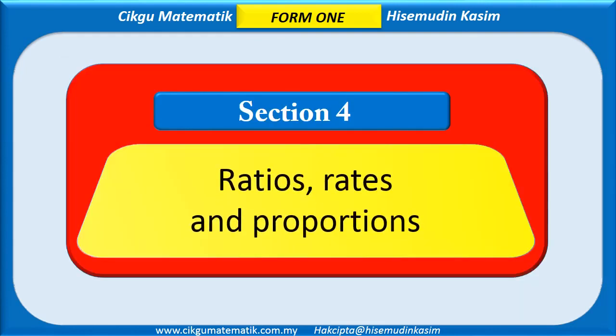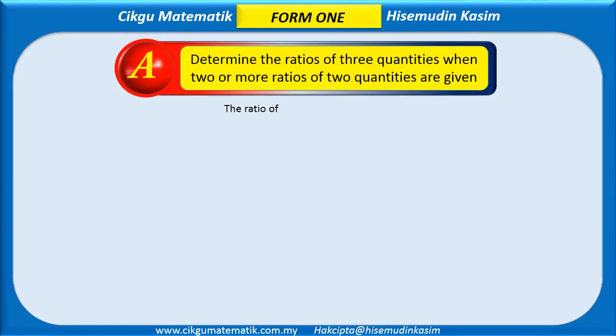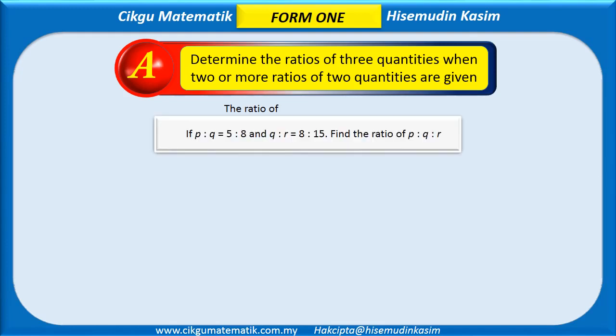Section 4. Ratio, rates and proportions. A. Determine the ratios of 3 quantities when 2 or more ratios of 2 quantities are given.